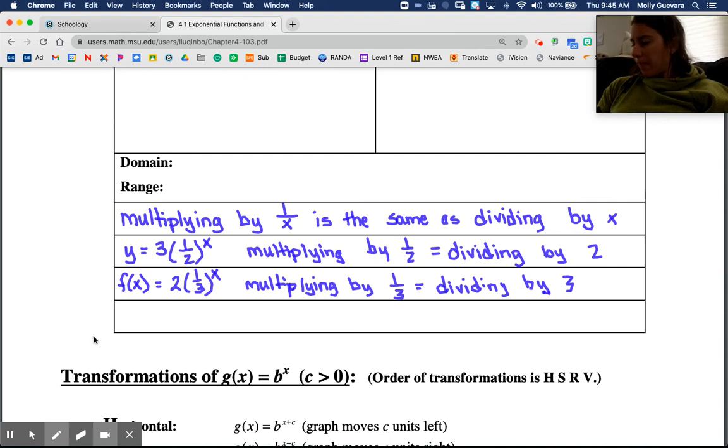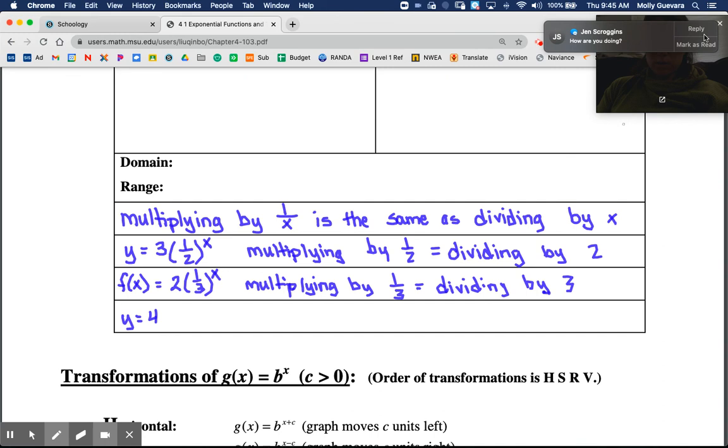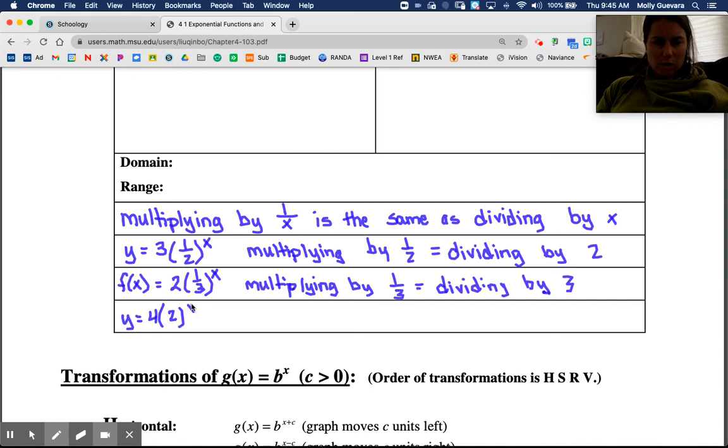And then you also can think about it the other way. What if I have y equals 4 times 2 to the x?